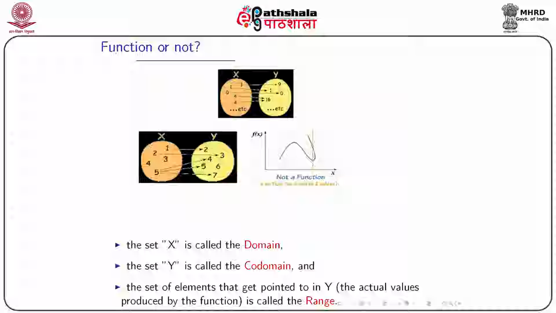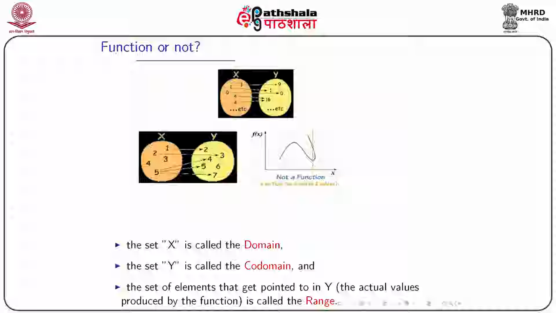Now look into the next picture, the top one. Here we have X and Y. In the X set, I have elements 0, 1, 3, 4, -4, etc. And in Y, I have the elements 9, 1, 0, 16, etc. Now look into the element 16 in Y. 16 corresponds to two values of X, 4 and -4.